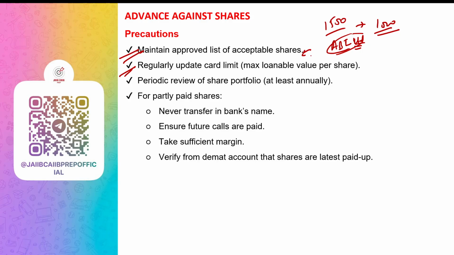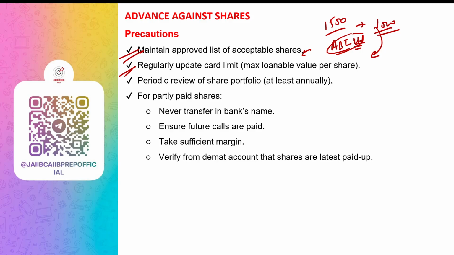It should be mentioned in this list, and this price, like what is the credit card limit which the bank will provide. So the maximum loan value against per share. Periodic review should be there. So portfolio should be reviewed yearly or even more frequently depending on the stock market volatility.